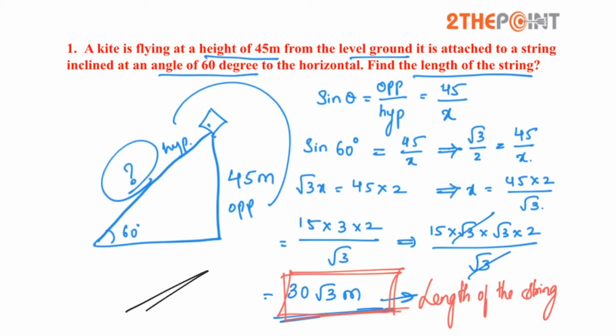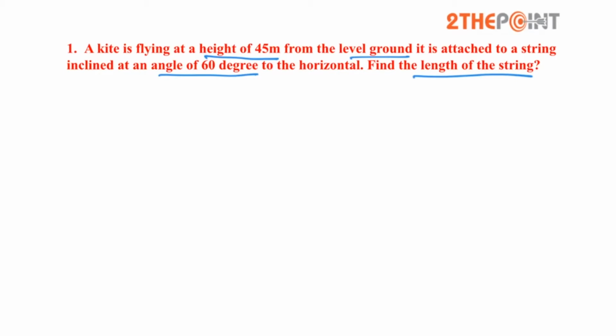The same problem can be solved using a trick. For that trick we need to remember two sets of ratios. Those ratios are for 30 degree, 60 degree and 90 degree. This is a right angle triangle, and these are the remaining two angles. The ratio of this is 1 is to root 3 is to 2.